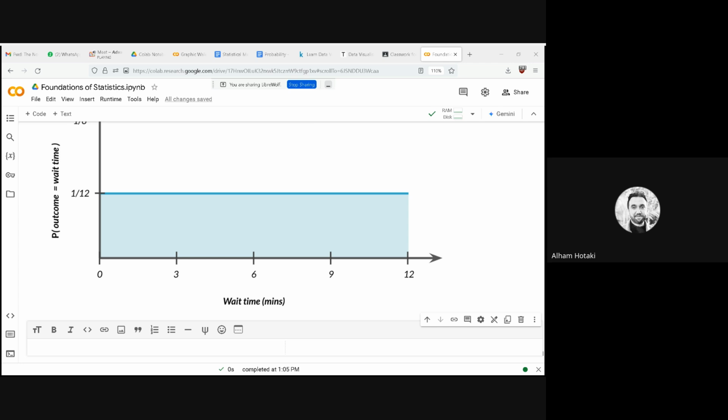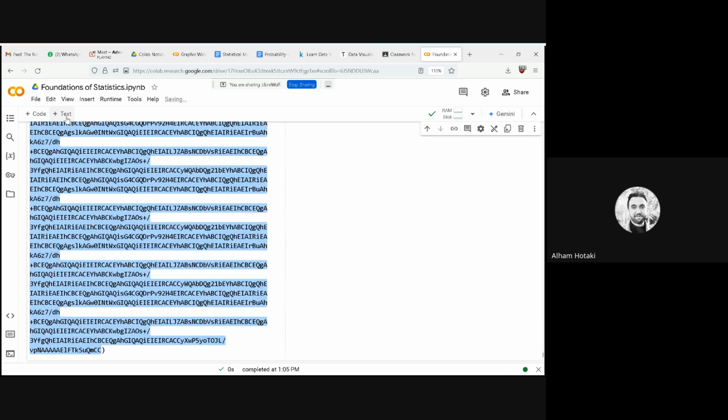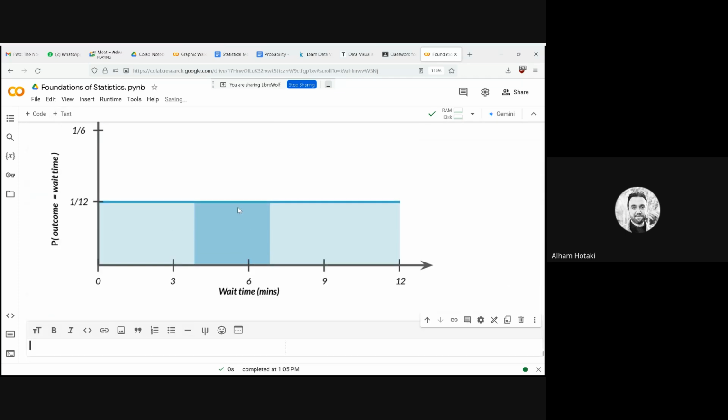Now look at something else, for example. What will be the probability of wait time between 4 minutes and 7 minutes? Look at how this is going to be calculated. It's a bit different from discrete calculation.